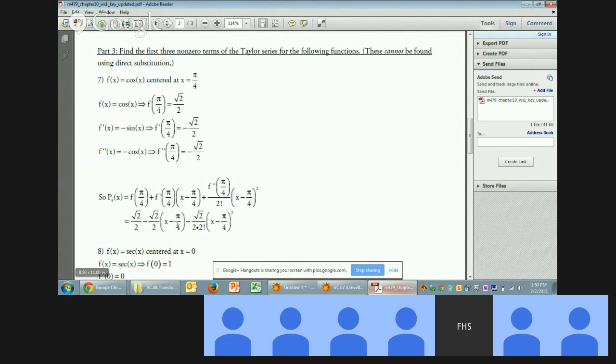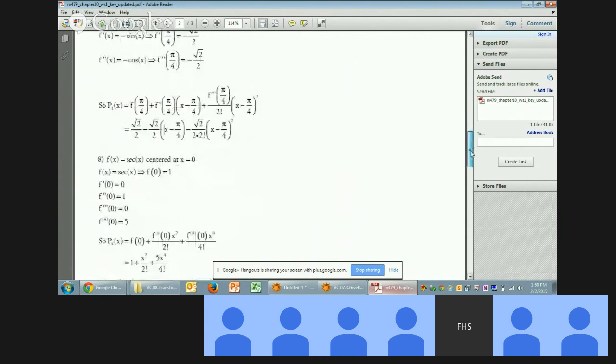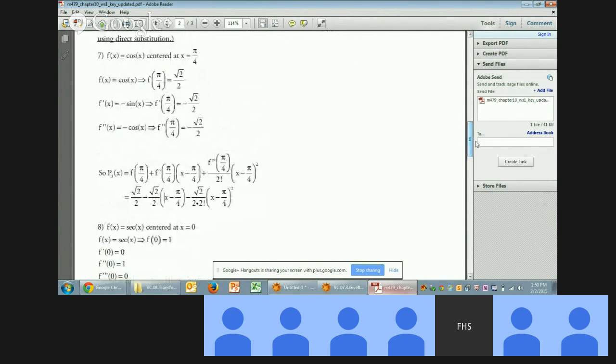And then times x minus pi over 4 to the first. And this second derivative was another negative root 2 over 2, divided by 2 factorial, and then times x minus pi over 4 squared. So that's where this thing came from. Same thing happens in number 8, where your only choice is to take a bunch of derivatives, find a bunch of coefficients, and plug those in.